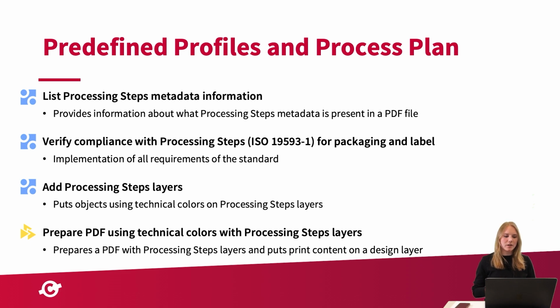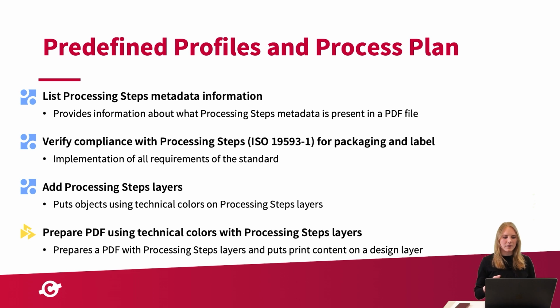The two at the bottom are new in pdfToolbox 16. It is a profile called Add Processing Steps Layer and a process plan that is called Prepare PDF using technical colors with processing steps layers. The profile is also part of the process plan, and it puts objects using technical colors, meaning non-print objects like a varnish layer or a cut line, on processing steps layers.